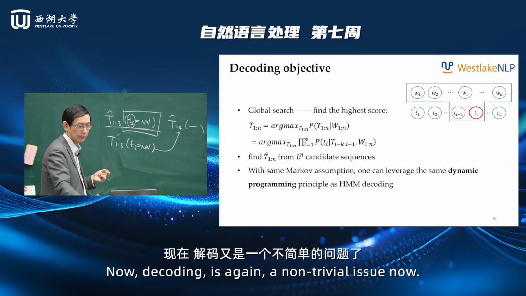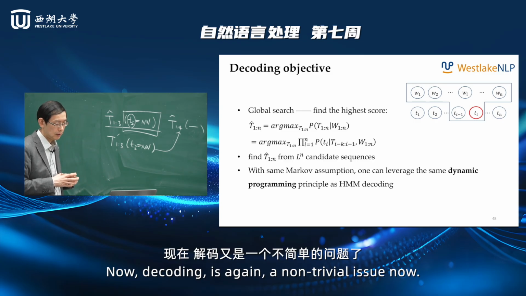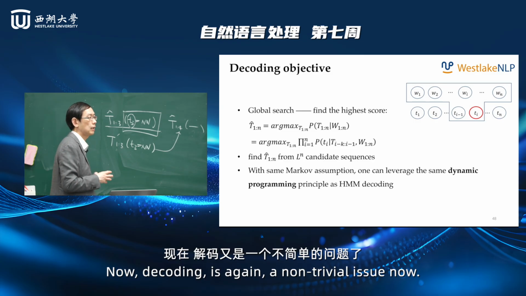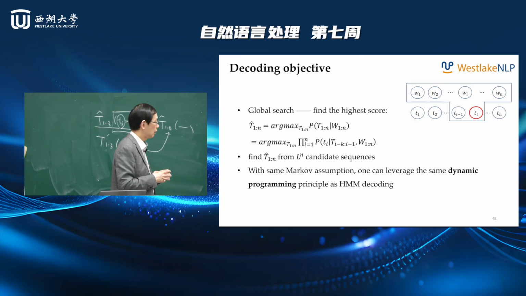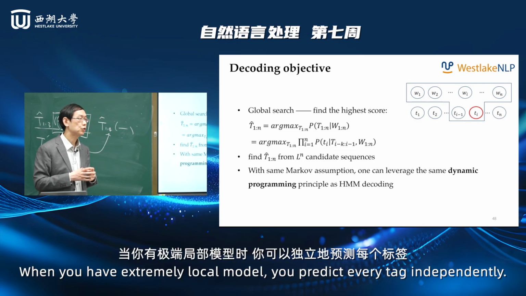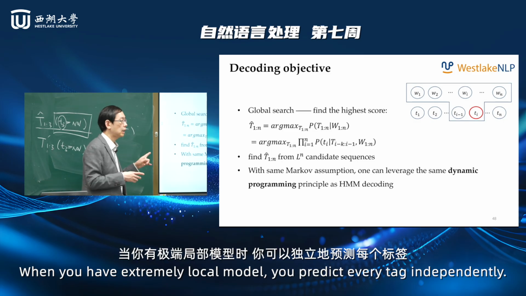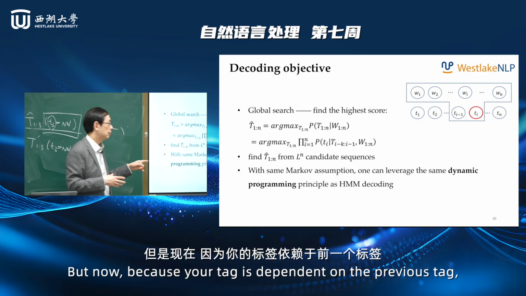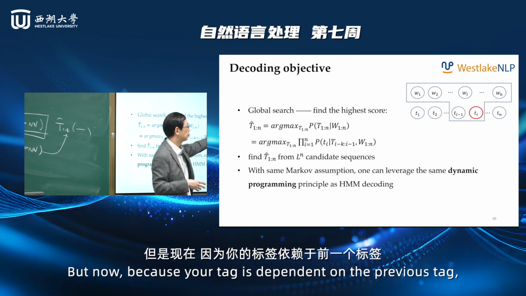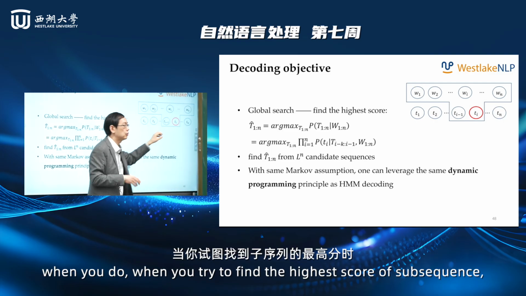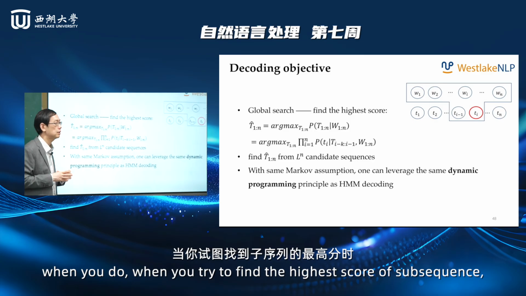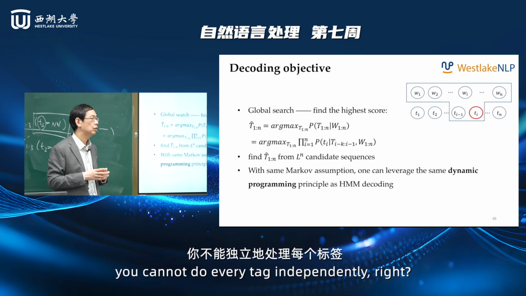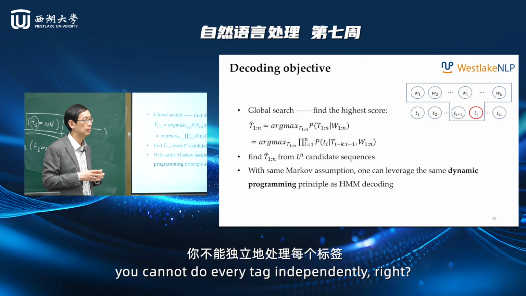Now, decoding is again a non-trivial issue. When you have an extremely local model, you predict every tag independently, you don't have the decoding issue. But now, because your tag is dependent on the previous tag, when you try to find the highest scored subsequence, you cannot do every tag independently, right?